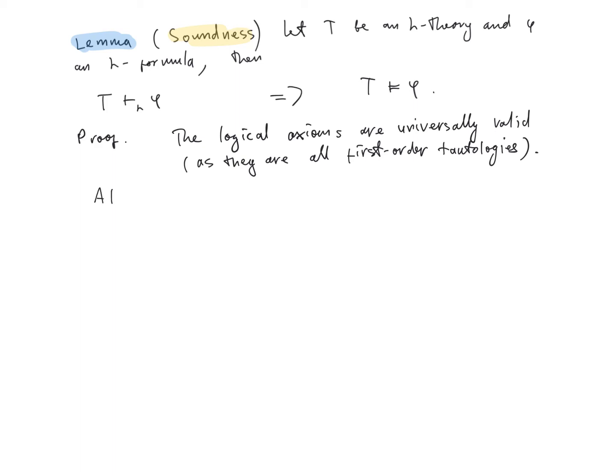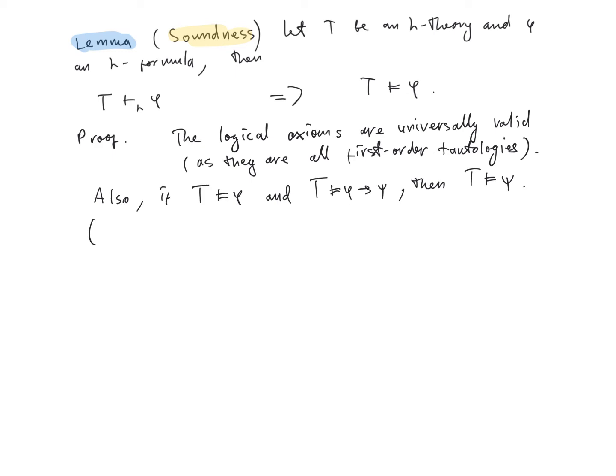We also have that if phi is a logical consequence of T and phi implies psi is a logical consequence of T, then also psi is a logical consequence of T. So this follows simply from the definition of satisfaction of formulas in structures.